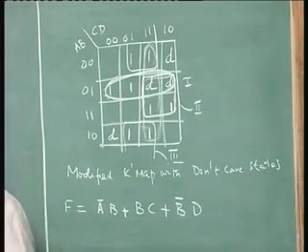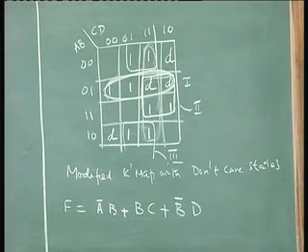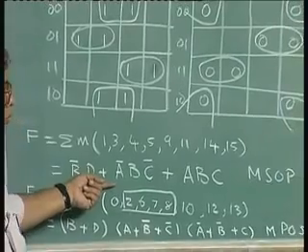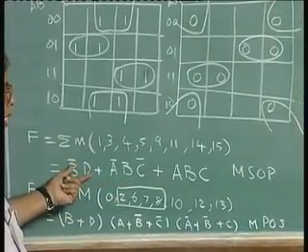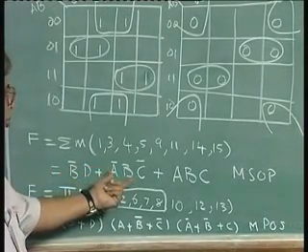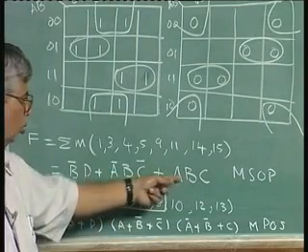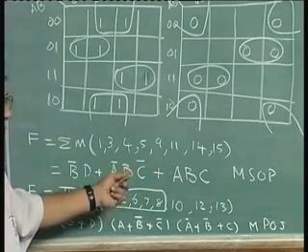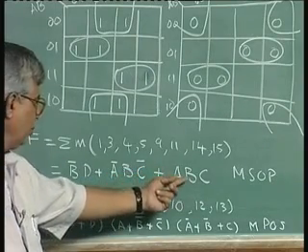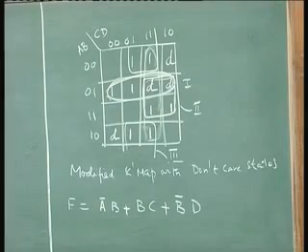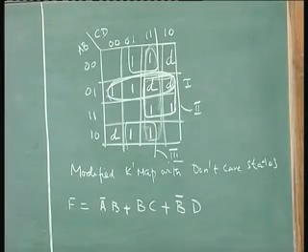Now, originally we had this expression. We have now that expression. B bar D is the same in both. These 2 terms have been reduced by 1 literal each. These 2 AND gates will now have the modified form, only 2 inputs. Here I had 3 inputs. So that is the advantage in hardware.